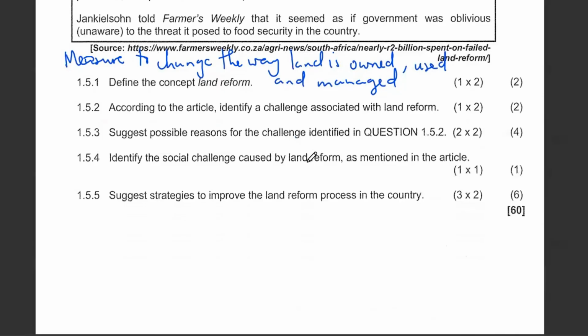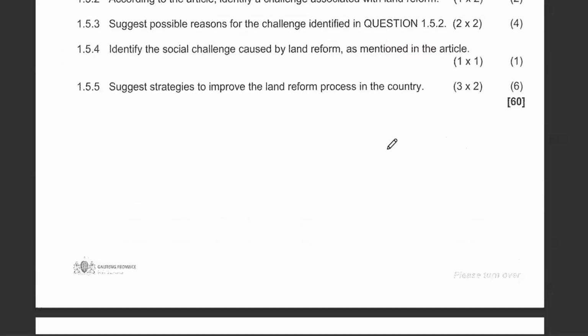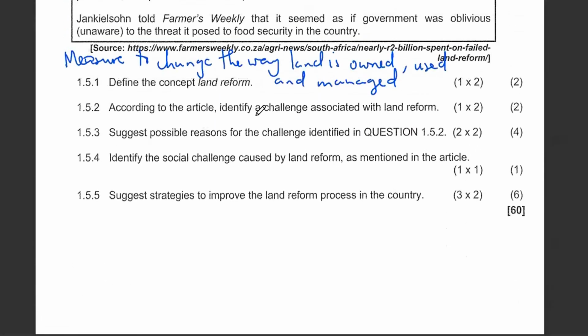All right. Suggest possible reasons for the challenge identified in the question. What are the possible reasons for the challenges? Why are those farmers not utilizing the land for commercial production, or for the intended purposes? Right. You can talk of budgetary constraints.